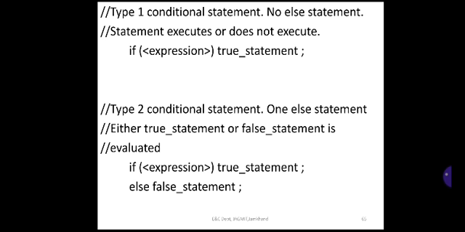If the condition expression is evaluated to a false value, or you get a 0 value after evaluation of that expression, then the else part, that is the false statement, whatever statement is written after the else part, is executed.